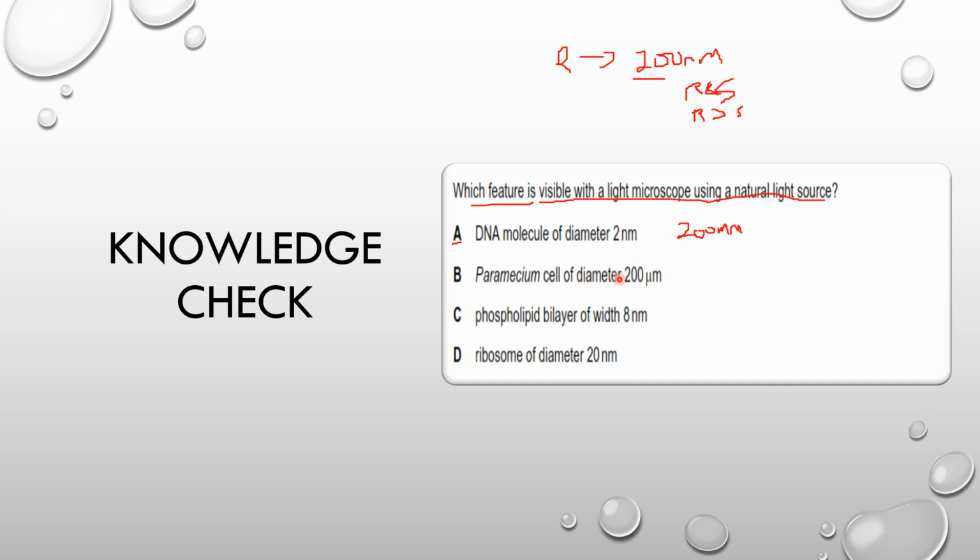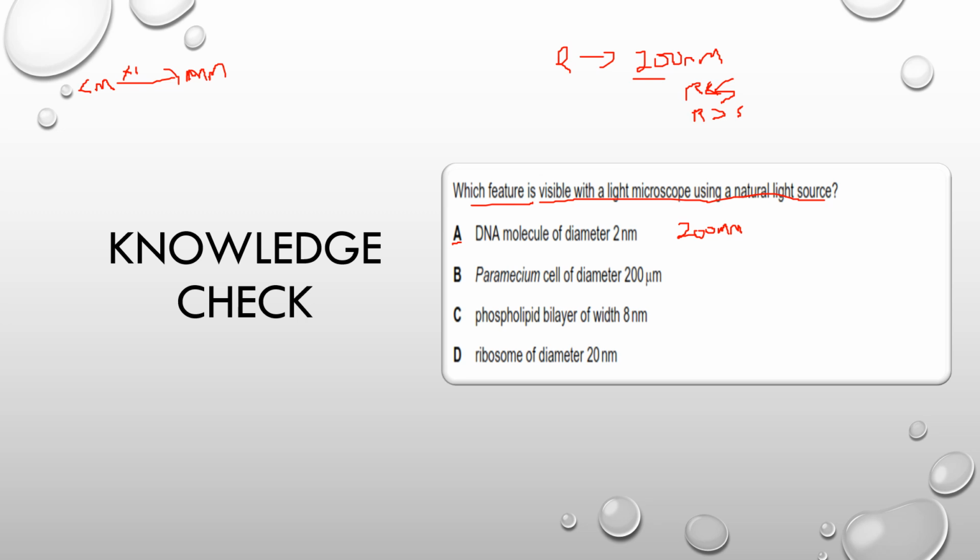Now, the parametric cell is 200 micrometers, guys. I forgot to teach you, because we use different units in microscopy. If you're moving from centimeters to millimeters, you multiply by 10.